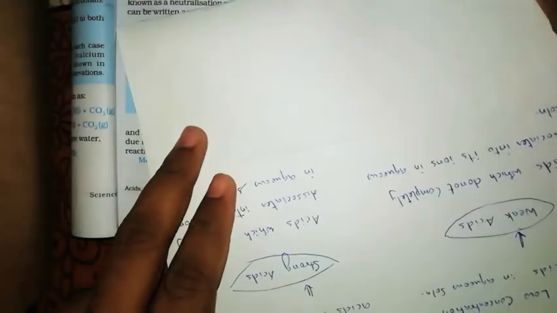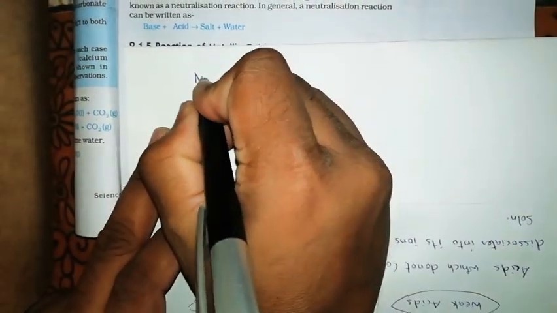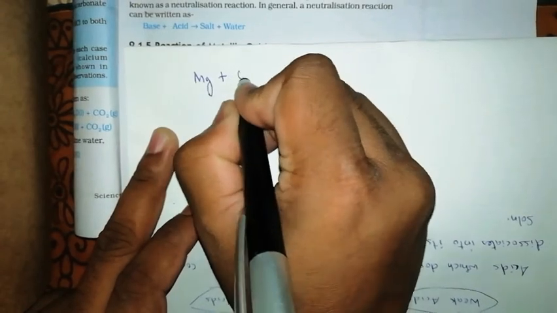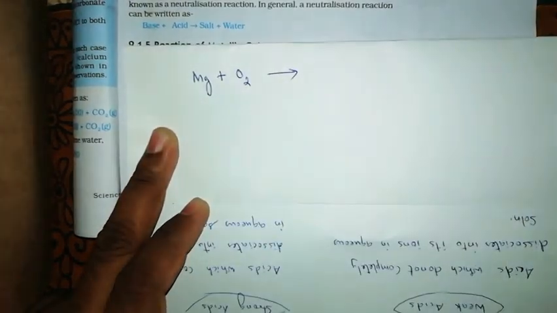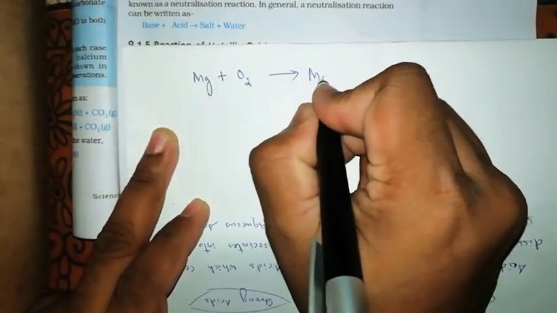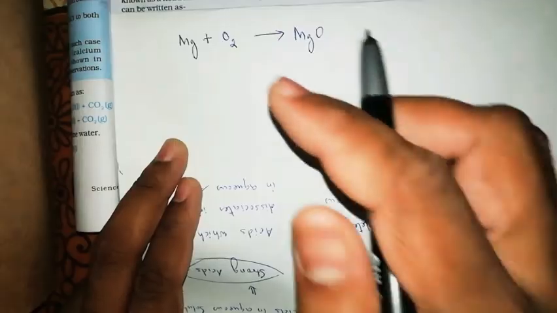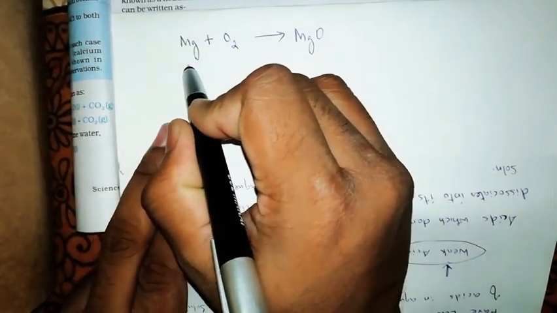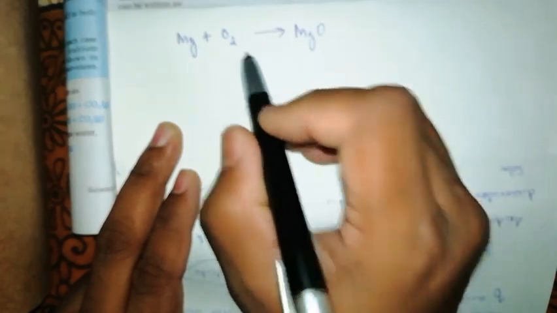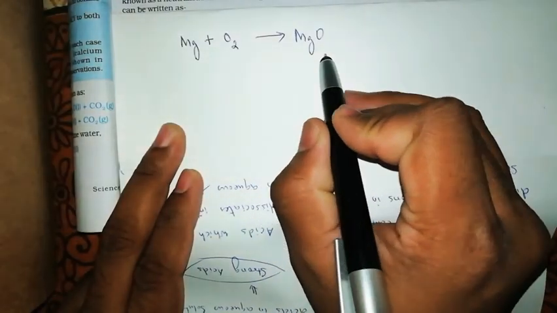When a metal like magnesium combines with oxygen, it gives magnesium oxide. Here magnesium is a metal. When it is burnt in oxygen, it turns into magnesium oxide.